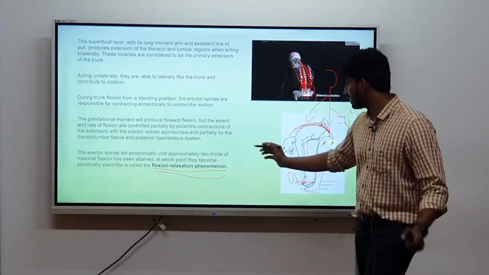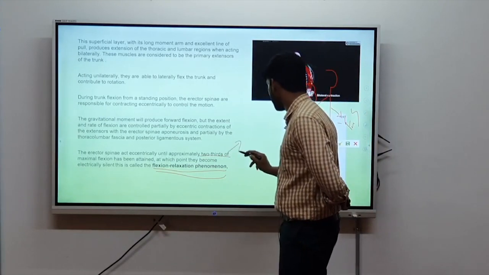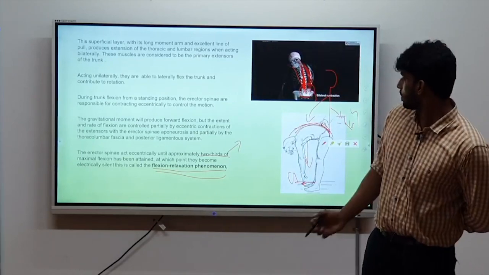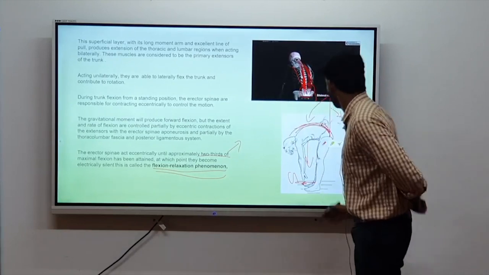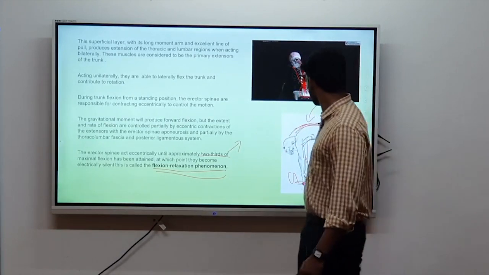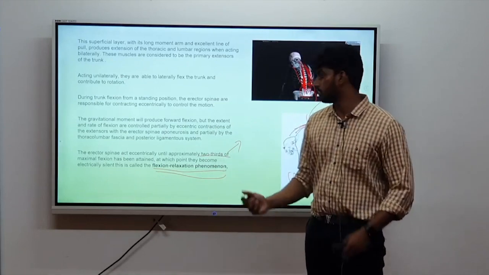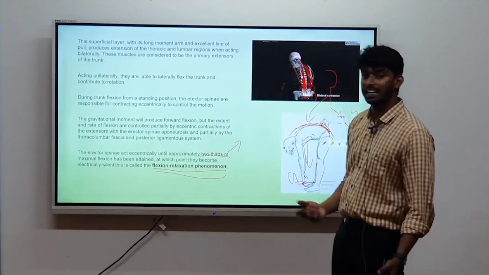Just imagine before reaching the 2/3 of the maximal flexion, what if the erector spinae becomes more tight? So the person won't be able to bend further. As the flexion is progressing, the erector spinae won't be able to elongate further, and there is a point where the erector spinae is electrically silent.